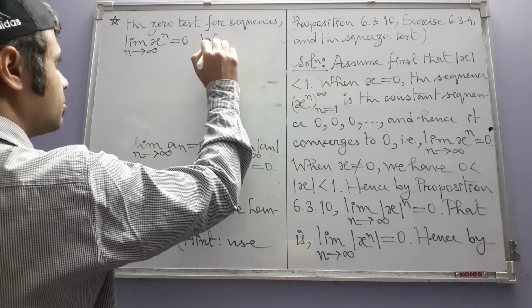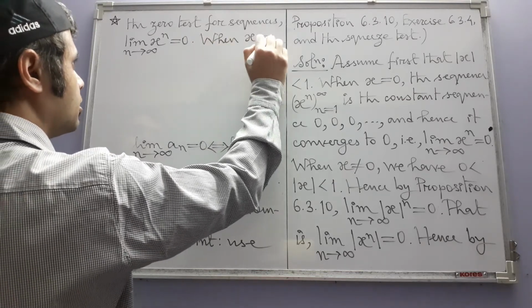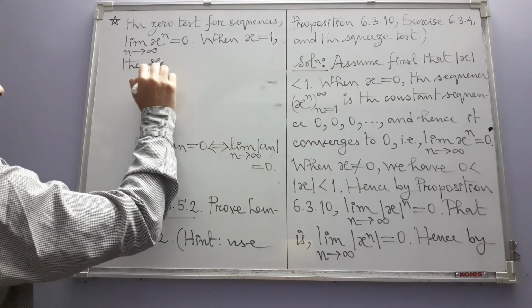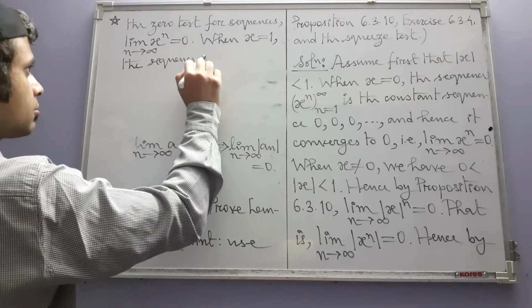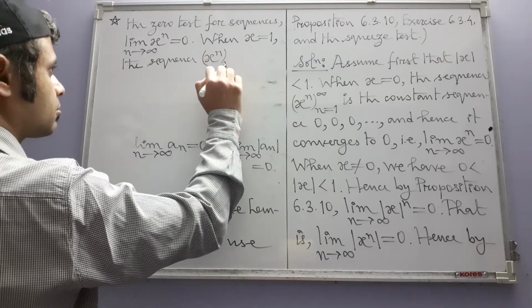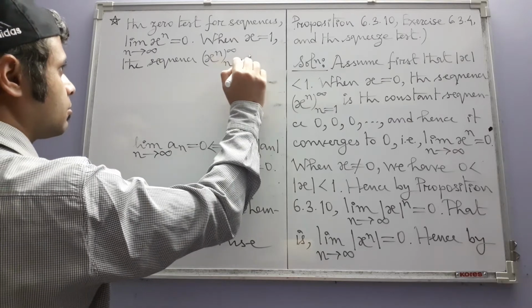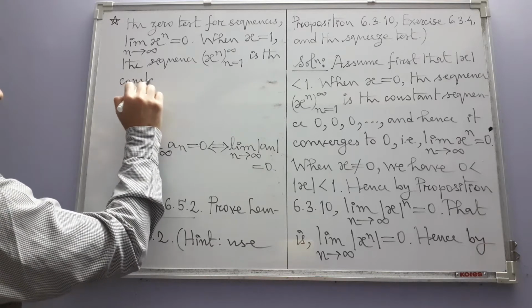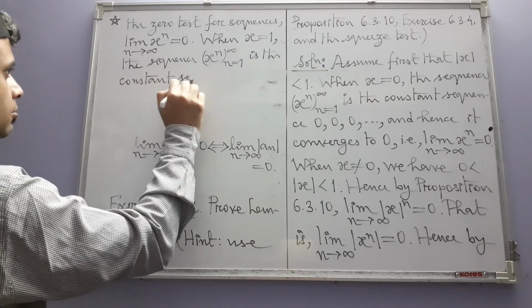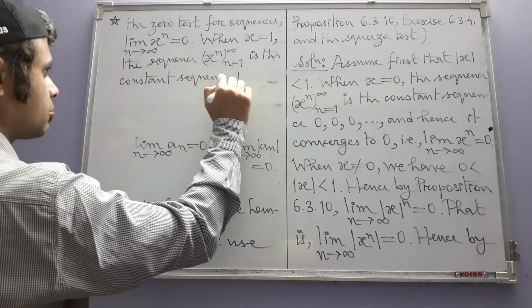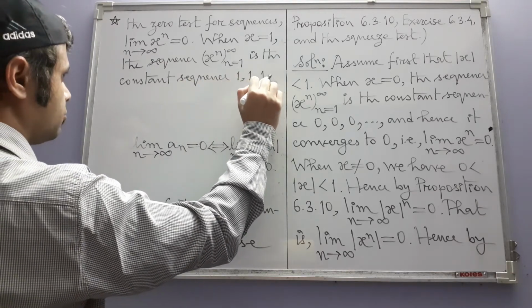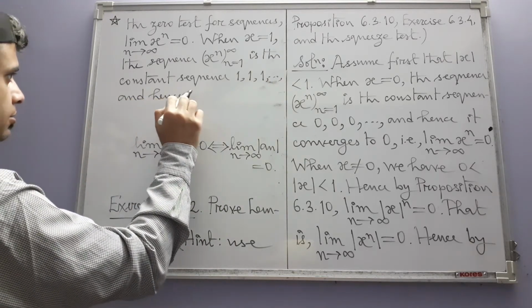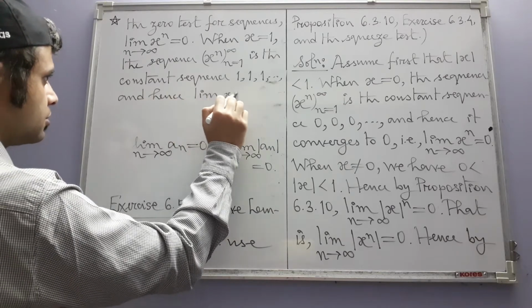When x is equal to 1, the sequence is the constant sequence, all of whose terms are equal to 1, and hence in this case the limit of course is 1.